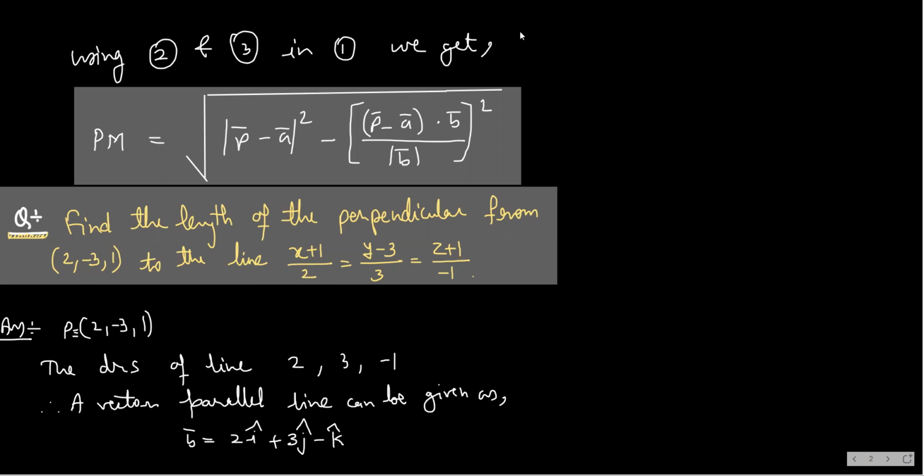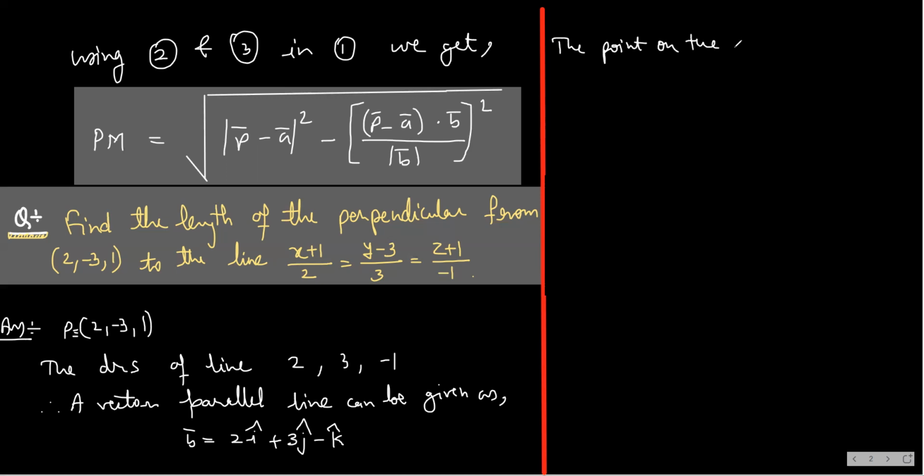Then I will go for a point on the line. Now we need a point on the line. From the equation you can get a point. The point on the line is given as -1, 3, -1. How?